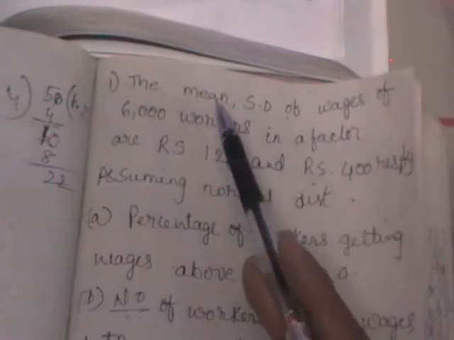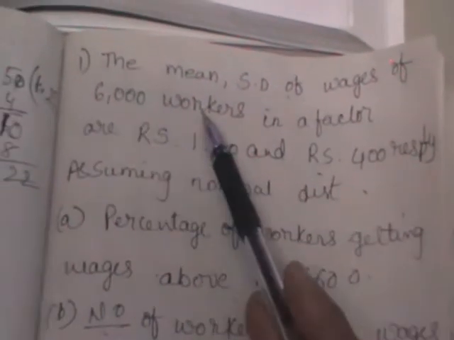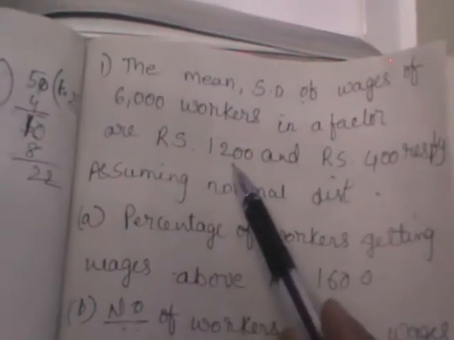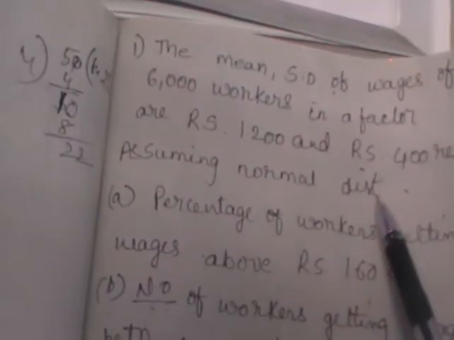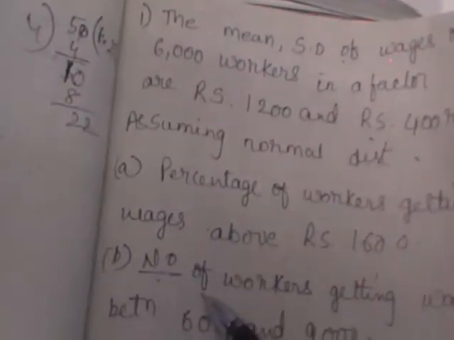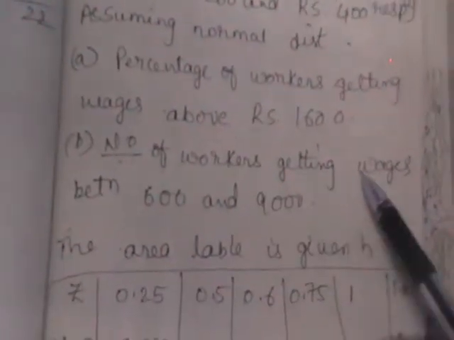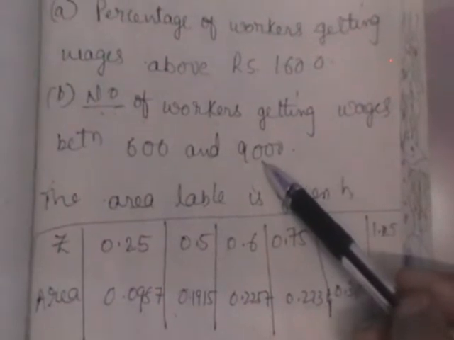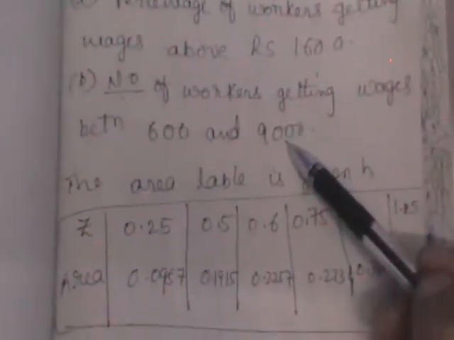On normal distribution: the mean and standard deviation of wages of 6,000 workers in a factory are rupees 1200 and rupees 400 respectively. Assuming normal distribution, two bits are given to you: the percentage of workers getting wages above 1600, and the number of workers getting wages between 600 and 900. Here the wages of workers are normally distributed.